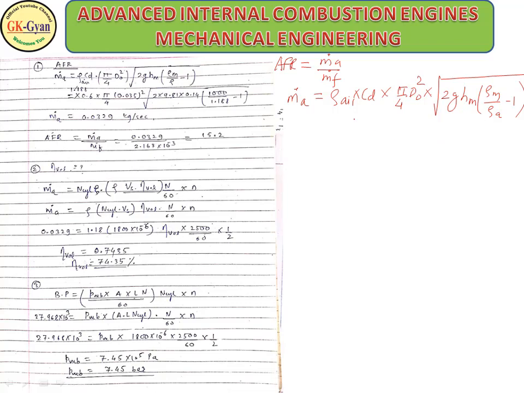So put the values here. M dot A: density of air is 1.2, Cd is 0.6, then pi by 4. What is the diameter of orifice? 0.035 square into under root 2 into 9.81 into Hm, which is given as 0.14, density is 1000, divided by 1.2 minus 1.